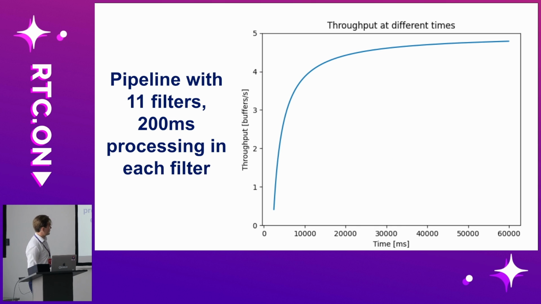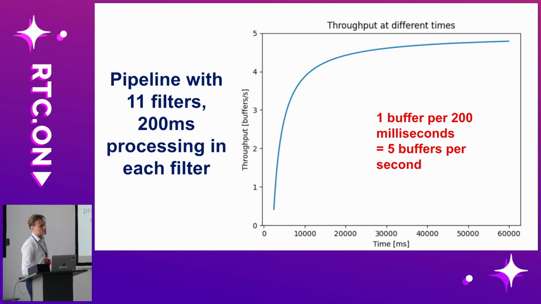So here is how the value of the throughput metric changes over the runtime of the pipeline. We can see that after some initial warm-up, it converges to a very particular value of 5 buffers per second. Why 5 buffers per second, you might ask? Well, you cannot actually exceed the throughput of the slowest element of the pipeline. And in our case, each element is processing 1 buffer per 200 milliseconds, which adds up to 5 buffers per second.